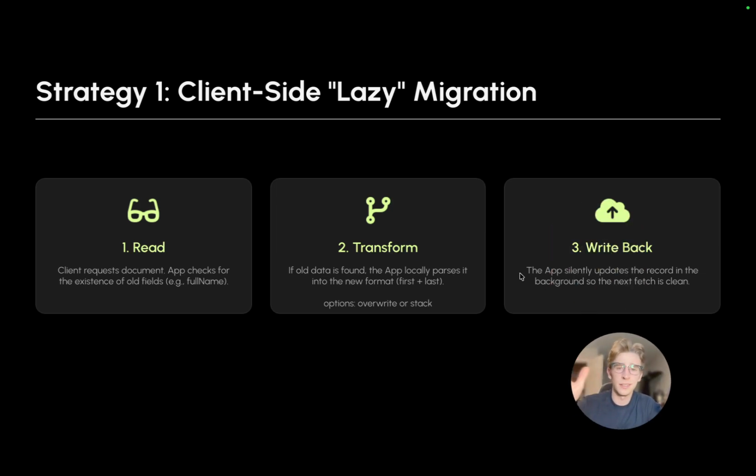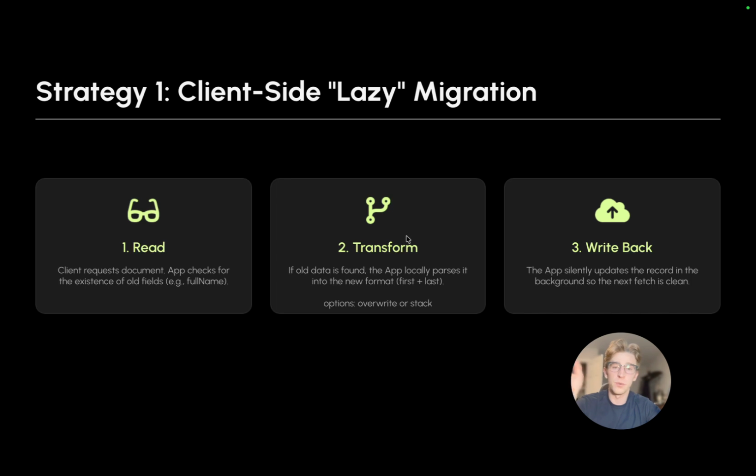Client-side, also known as lazy migrations, essentially involve this system. This is a pretty common system to use as well. Essentially, your client app is going to read the data from the database, and the client is going to request documents, and the app is going to essentially check for the existence of old fields or check for the existence of new fields.